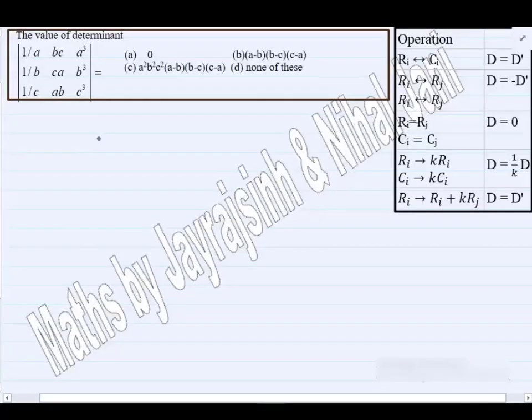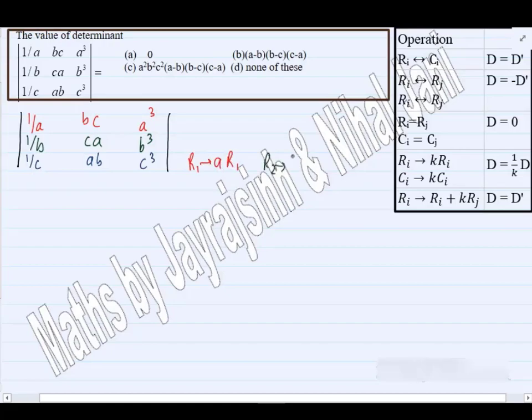In this question, you have to find value of this determinant. Now let's eliminate this 1 by a, 1 by b and 1 by c by multiplying a with first row, b with second row and c with third row.